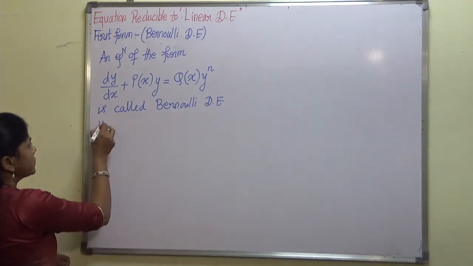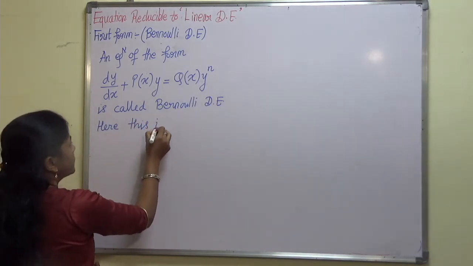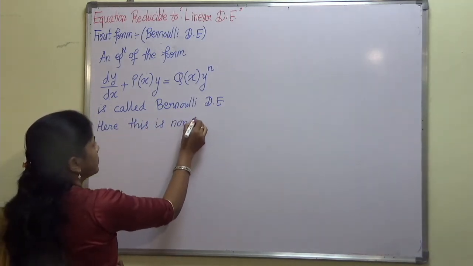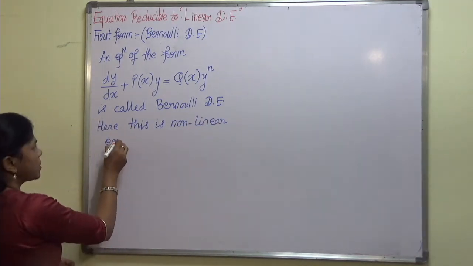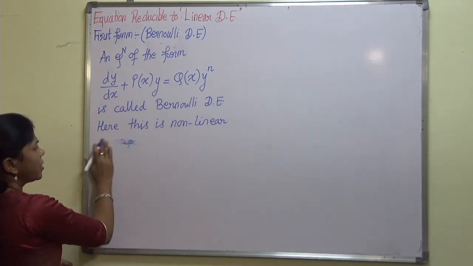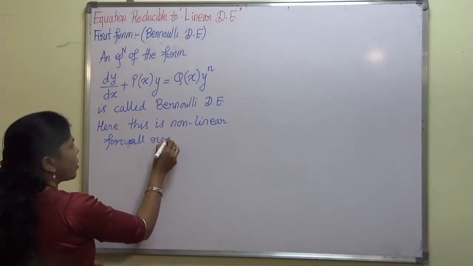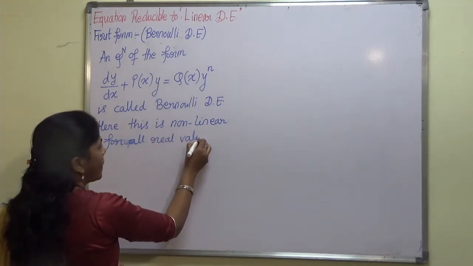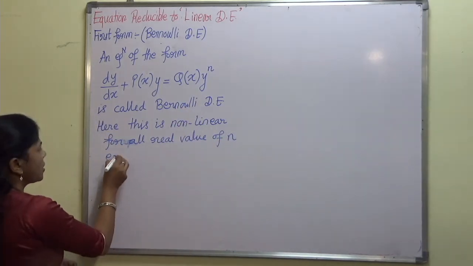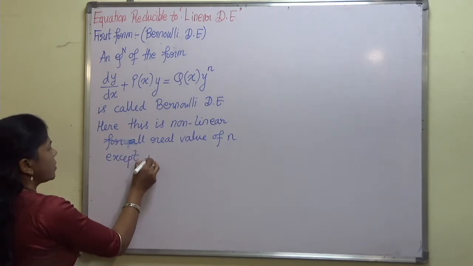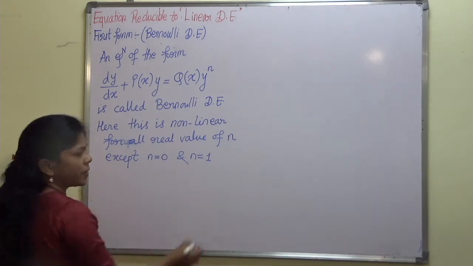Here this is non-linear for all the real values of n except n equal to 0 and n equal to 1, right?